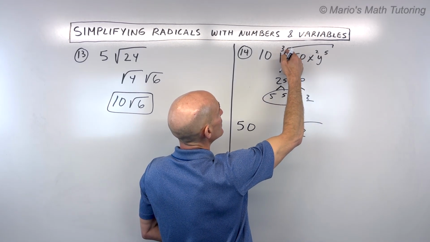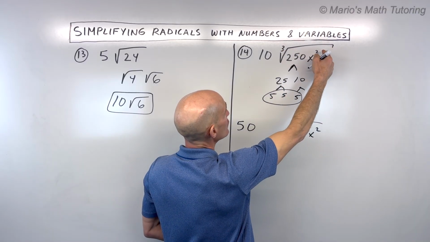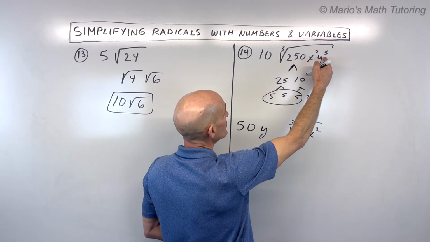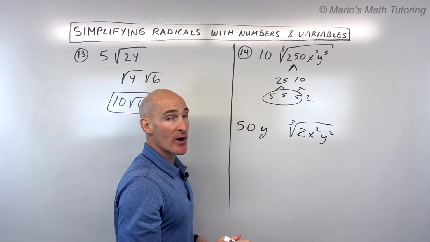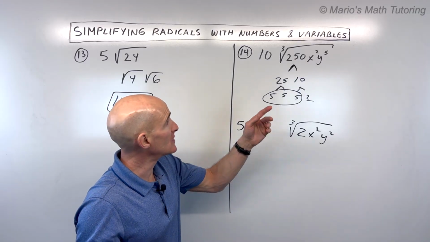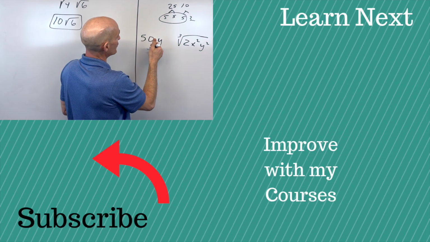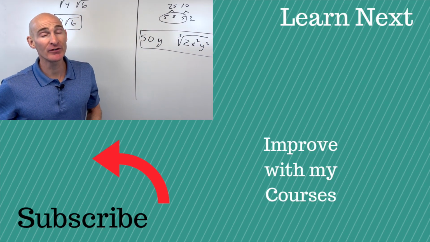We don't have enough to make a group of 3 with the x's, so that stays underneath. We do have enough to make a group of 3 of the y's, so there's going to be one group of 3 with 2 left over, that stays underneath. We don't need any absolute value bars because we're not taking the even root, we're taking the odd root. And I should have put this a little bit closer to this radical, but that's going to be your final result. So great job if you're able to follow these examples.